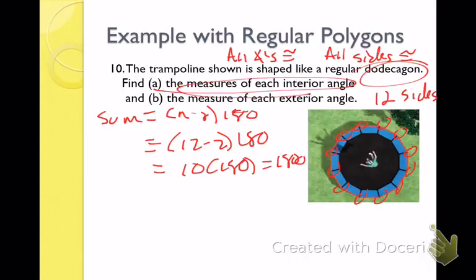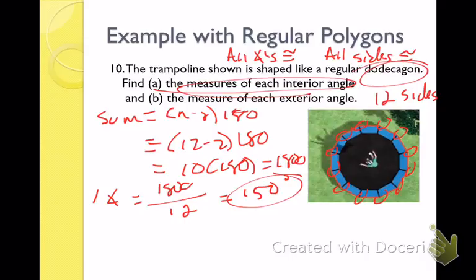Now, since they're all the same, they have to add to 1800, and they're all the same, then we just take their sum and divide it by the number of angles, which is 12. And that gets us 150 degrees. So each angle is going to be 150 degrees.